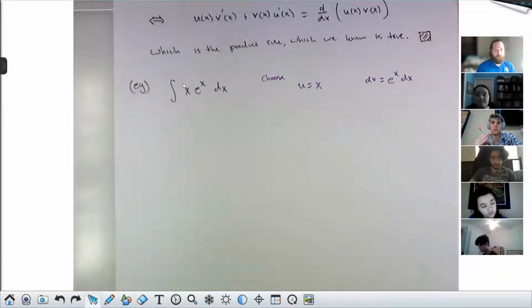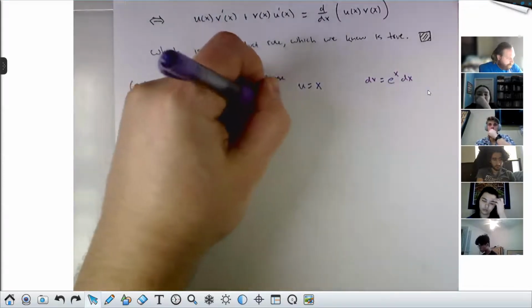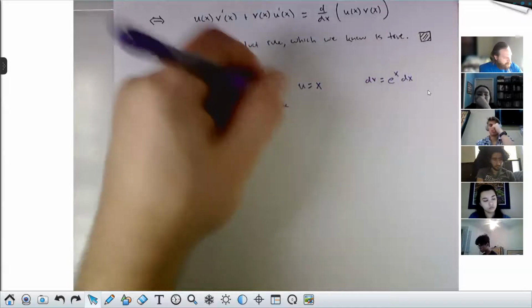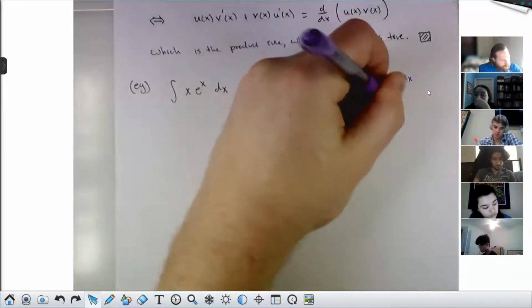Now my formula says integral of u times dv is equal to uv minus the integral of v du. So in that formula, there is a du, which I'll need to calculate from u, and there is a v, which I'll need to calculate from dv. So we choose these, and then we calculate du and v.